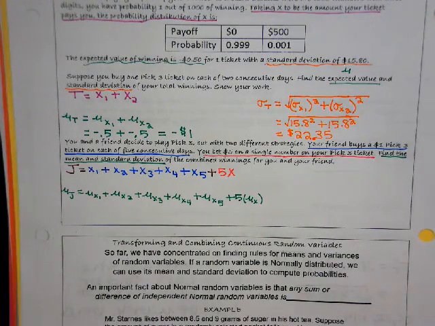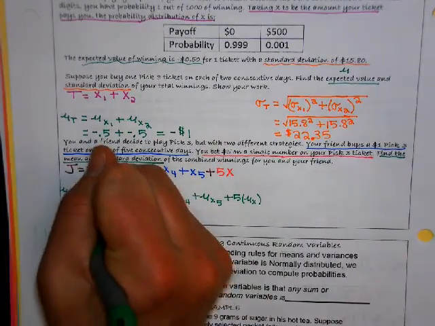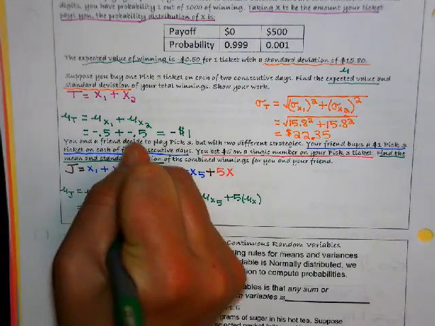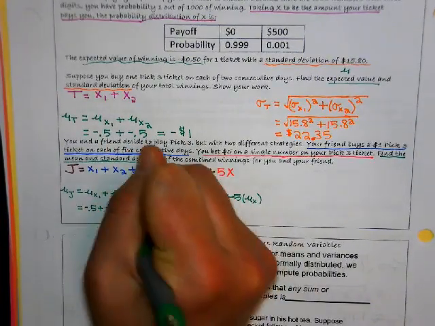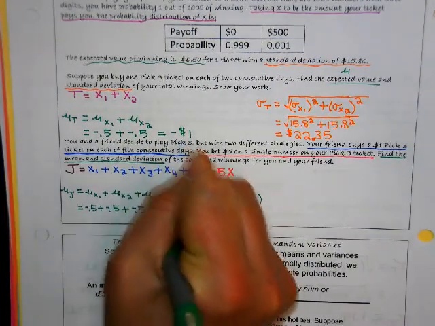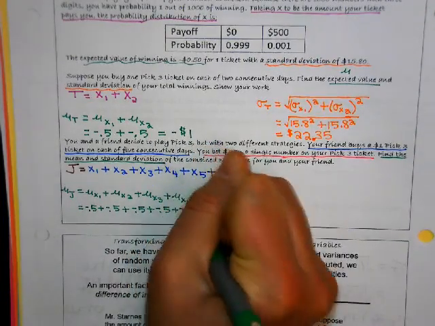Still using the expected value up here. So we have negative 0.5 plus negative 0.5 plus negative 0.5 plus negative 0.5. That's 4, 5. And then the last one is going to be plus 5 times negative 0.5.